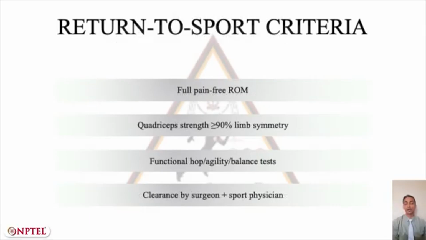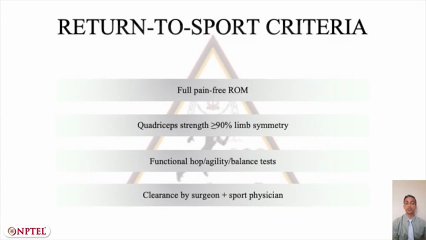Return to sport requires pain-free and full knee range of motion, quadriceps strength of at least 90 to 95% compared to the opposite uninjured limb, and successful completion of hop and agility tests.